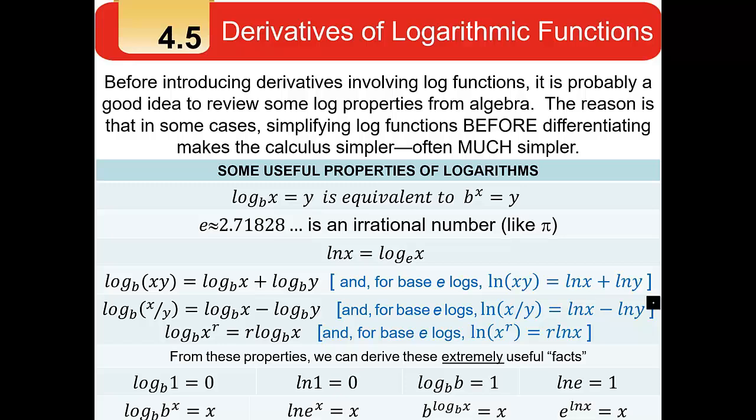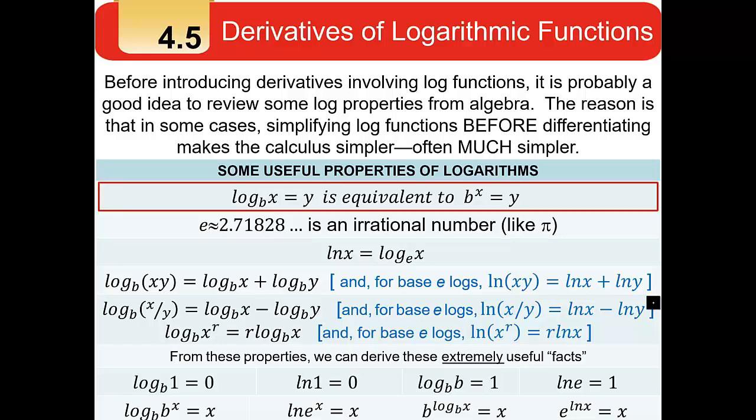So I just want to go through these very briefly and remind you that you have to bring these back to mind if you want to make the calculus much easier. One of the basic facts is that when you write the log of x base b equal y, that's equivalent to an exponential equation, b to the y equal x.